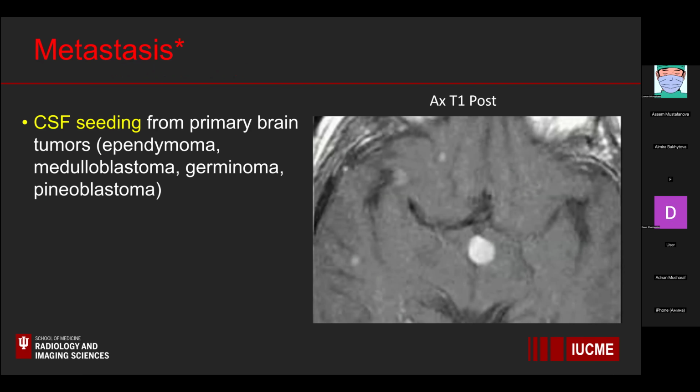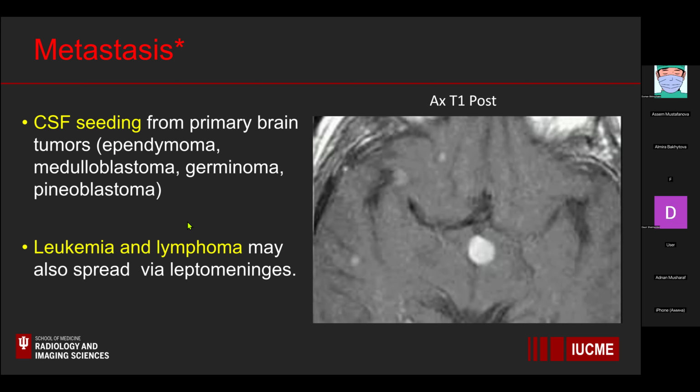Not only that, but they can also come from CSF seeding of other primary tumors that are known to seed through the CSF, like ependymomas, medulloblastomas, germinomas, and pineoblastomas. So if you have these diagnoses, look to the pituitary to see if there's seeding and depositing on the infundibular stalk.